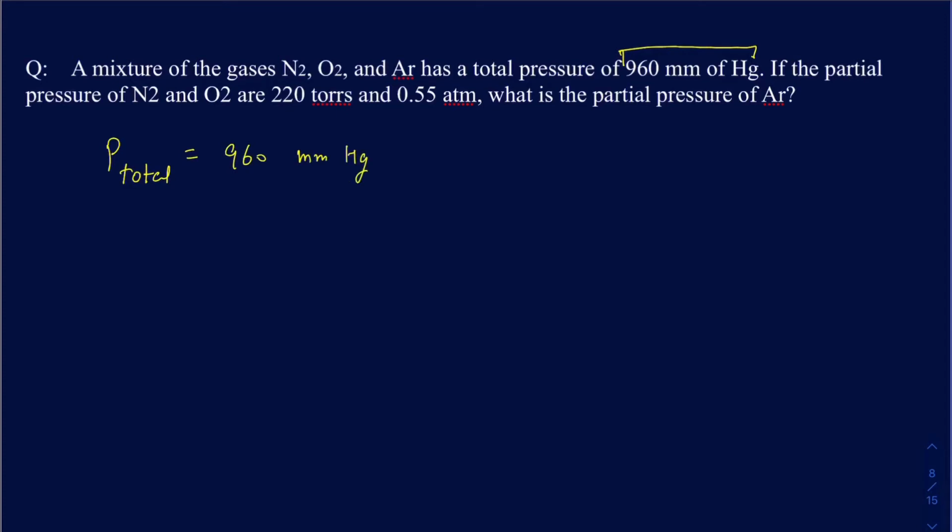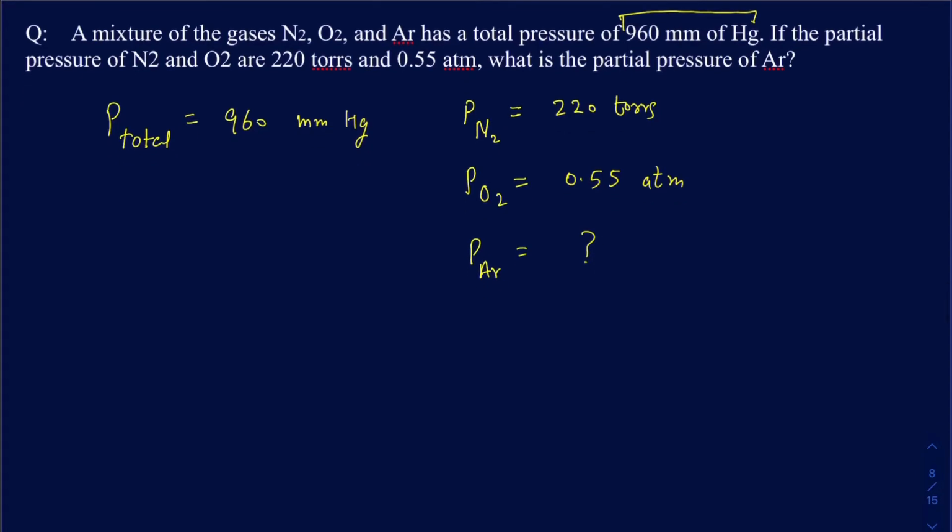The partial pressure of N2 is given to be 220 torr, and the partial pressure of O2 is given to be 0.55 atmosphere. And we've got to figure out the partial pressure of the argon.